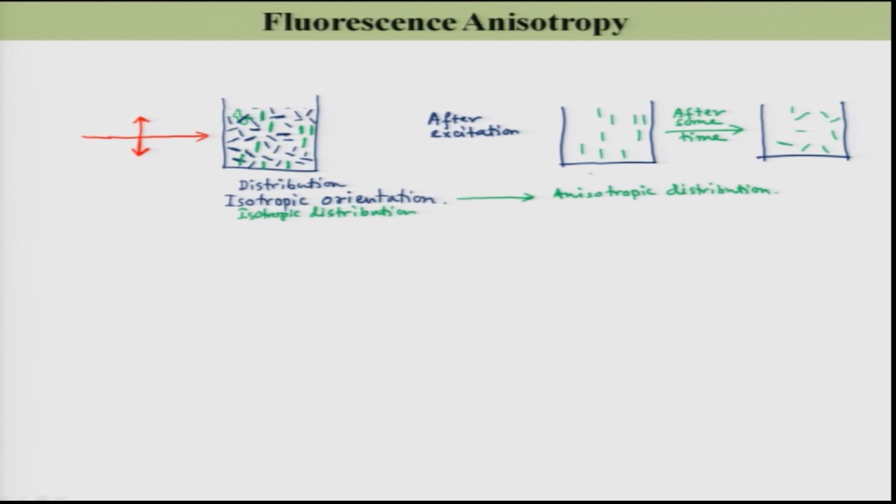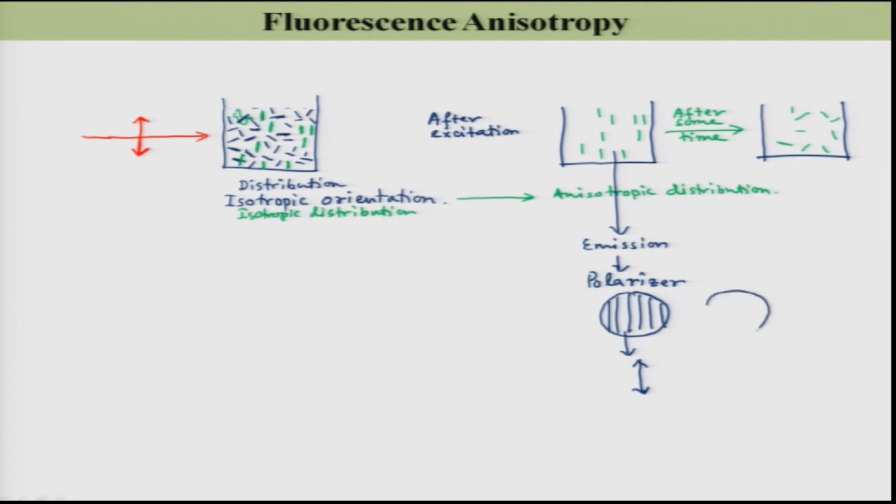But if you see the emission after passing through that special optical element I mentioned, a polarizer: if it is oriented this way, it will pass the light which is vertically polarized.